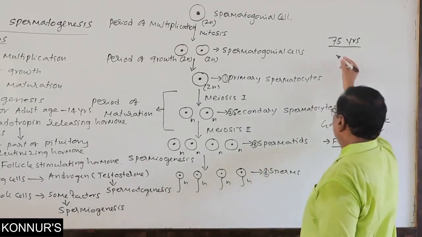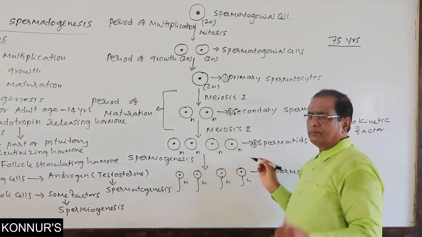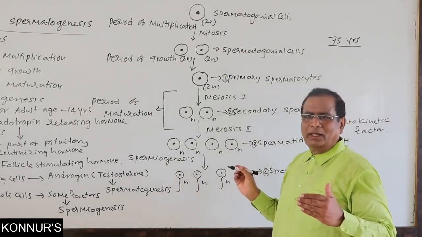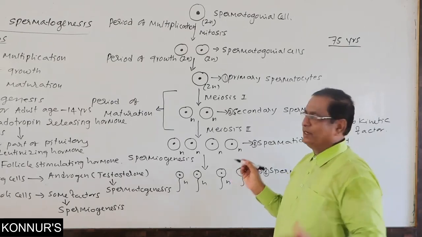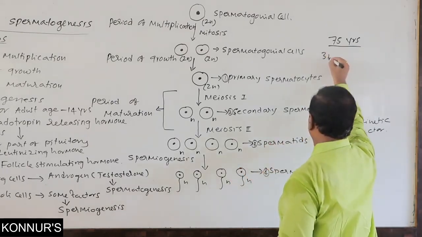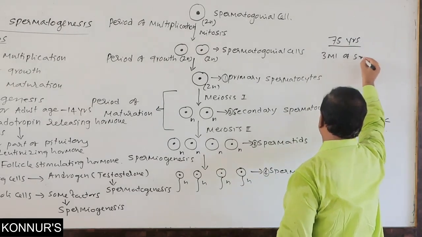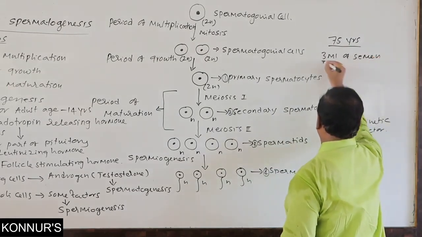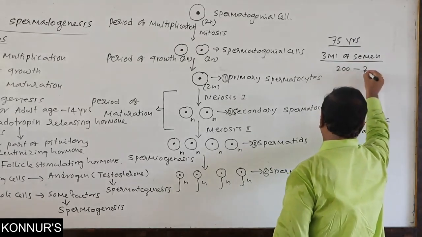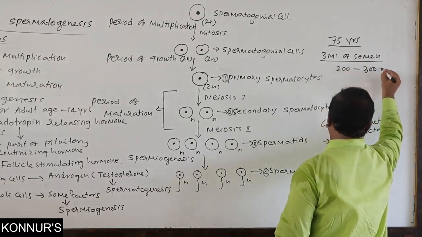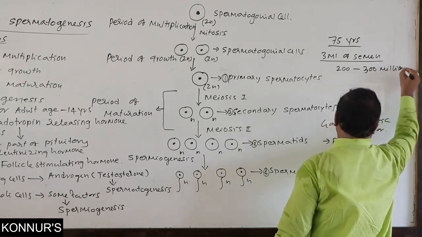And there will be an ejaculation at the time of coitus, sexual intercourse, that gives out 3 ml of semen. In this 3 ml of semen, 200 to 300 million sperms are there.